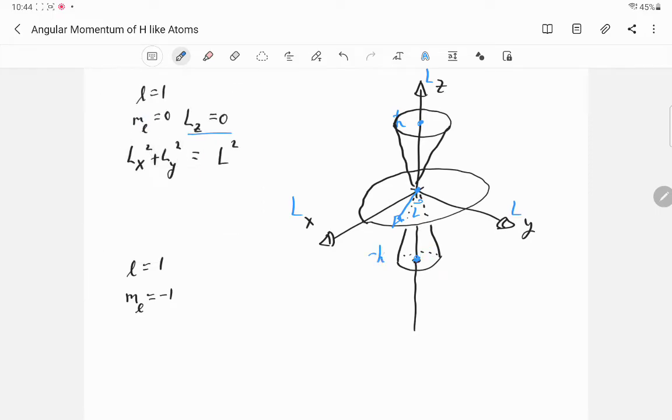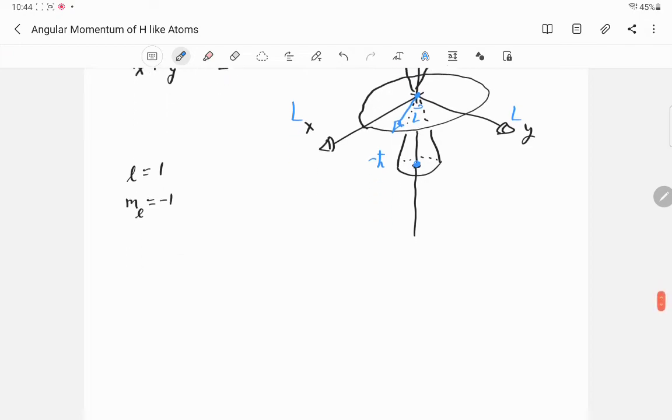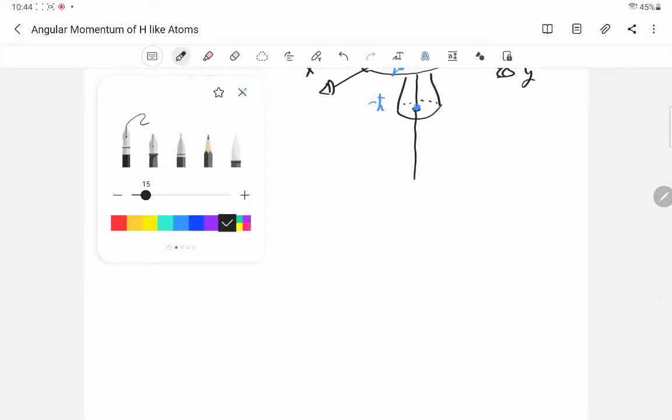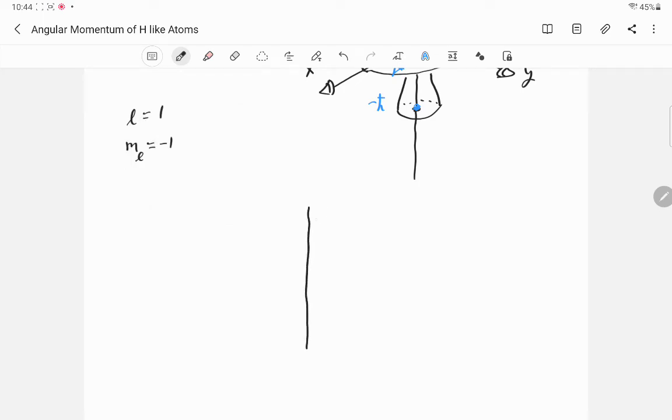Right here is negative h bar. So from the side, let me clear this up a little bit. You can draw a picture that looks like this. So this is L_z, and then this is some combination of L_x and L_y, right, or a perpendicular direction to z.